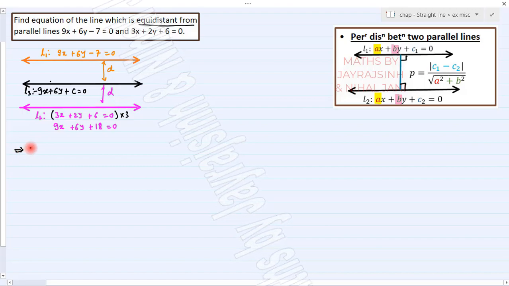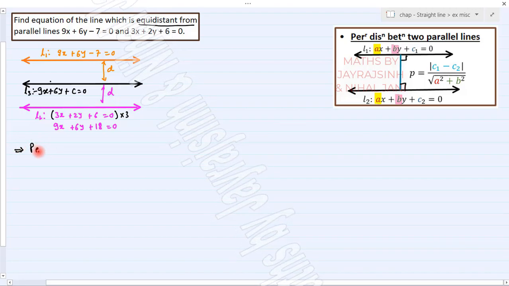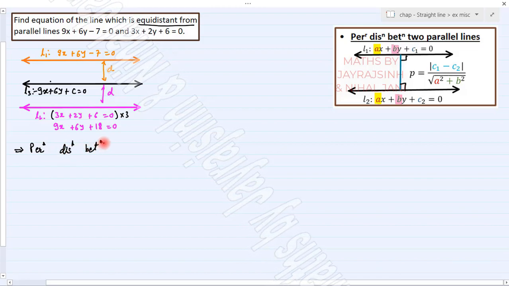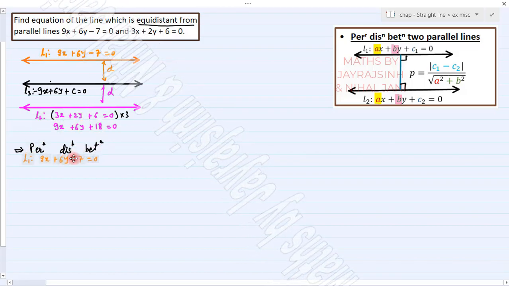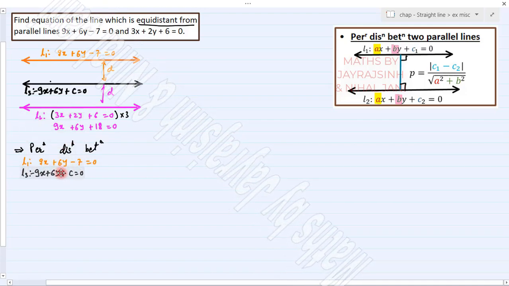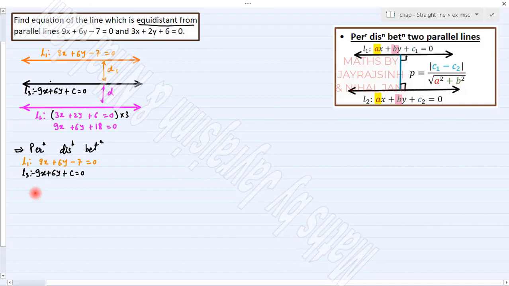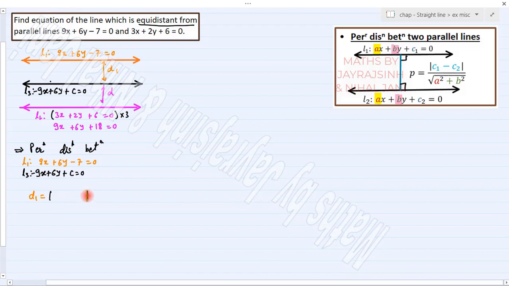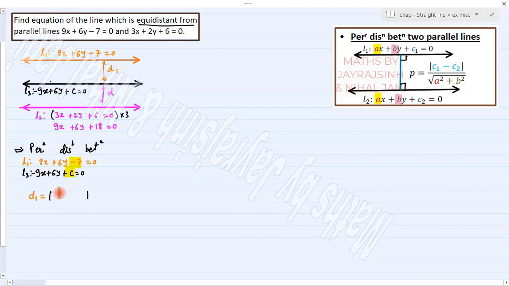So first of all, let's find the perpendicular distance between line L1 and line L3, which we assume as D1. So your numerator is made from the difference of constant terms.